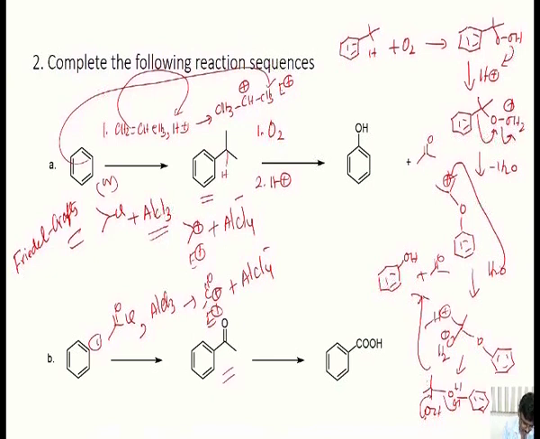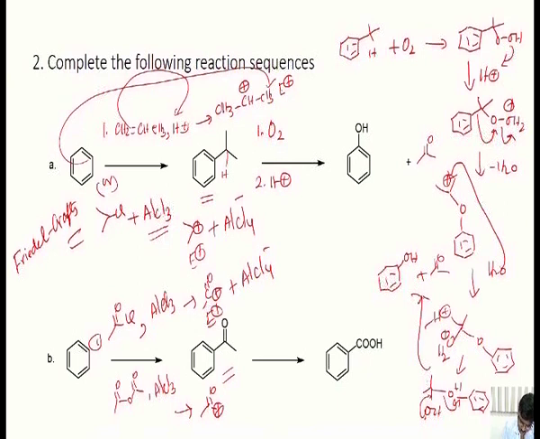On the other hand, you can also use acetic anhydride. This also can undergo reaction with aluminum chloride to give the acylium carbocation, which can undergo reaction with the aromatic ring to give acetophenone as the product.